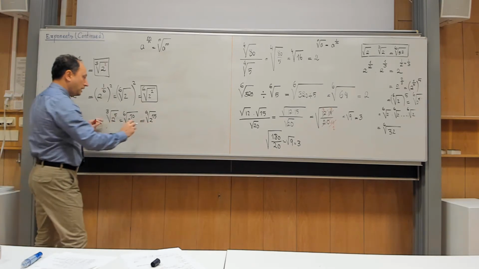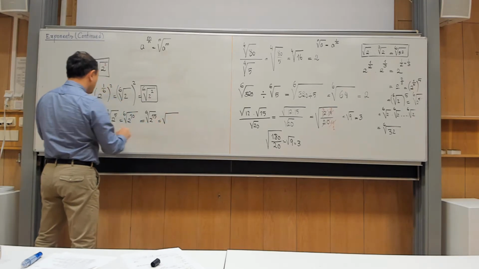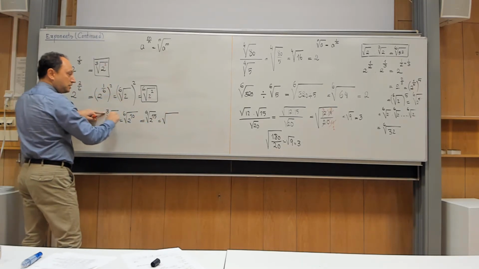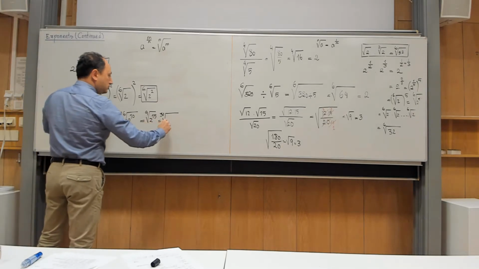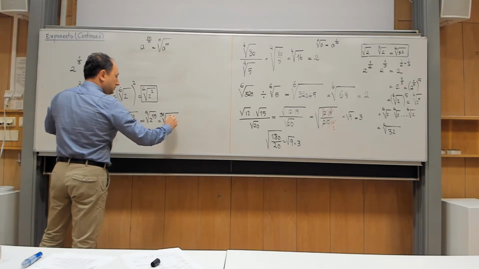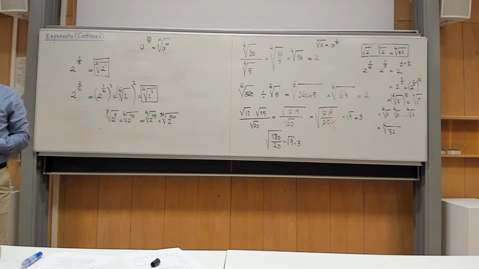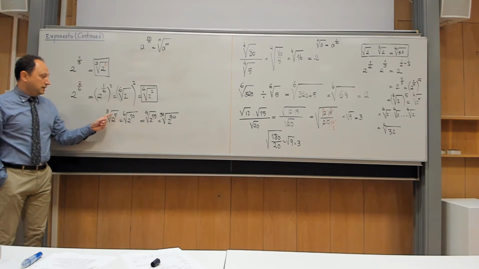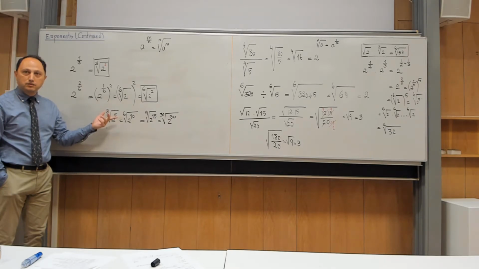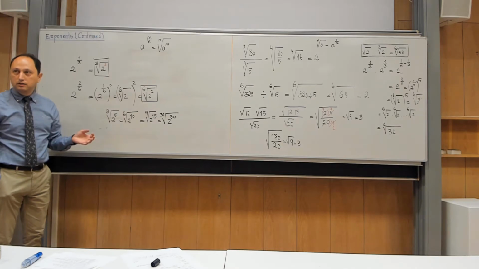So for example, let me multiply this by 10, it becomes the 30th root, but then I have to write 2 to the power of 50. So I want you to learn this trick. If you have a surd with some power here and some number there, you can rescale them by any number that you like.